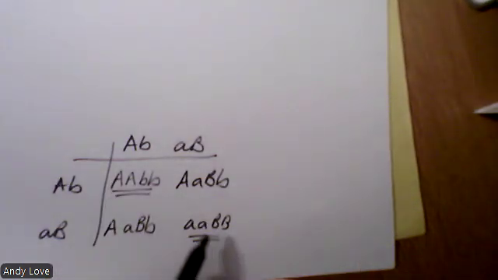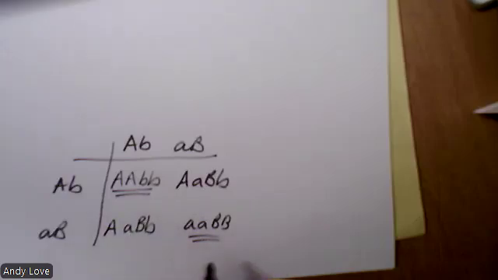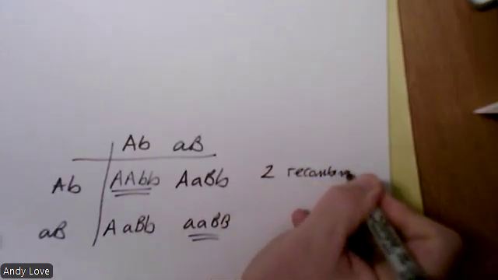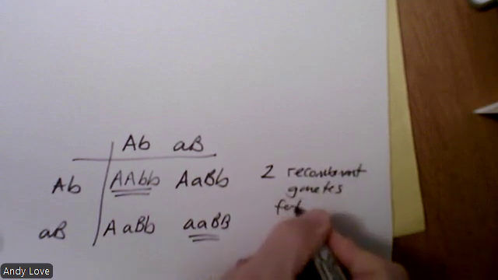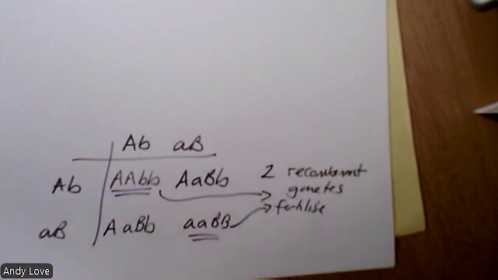So the ones I've underlined are offspring that will only be produced if two recombinant gametes fertilize, and there won't be many of them. Why won't there be many of them?